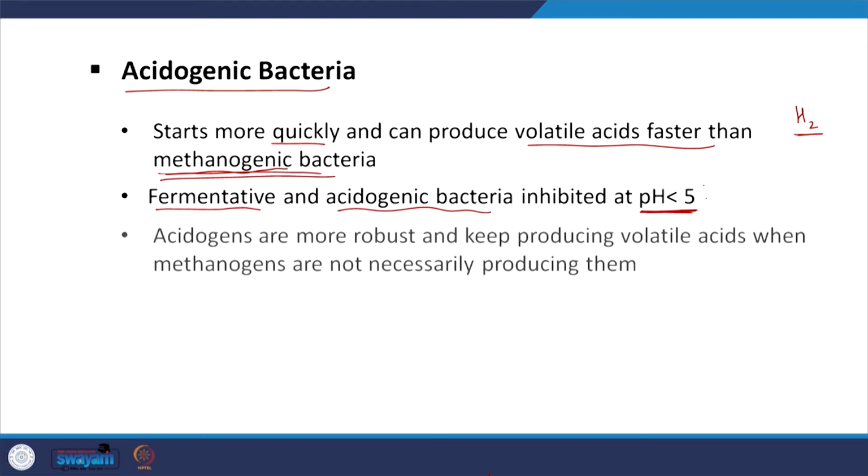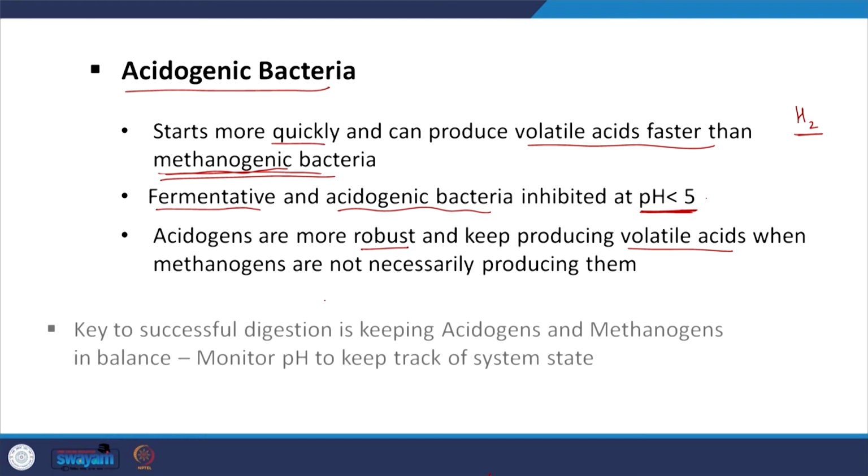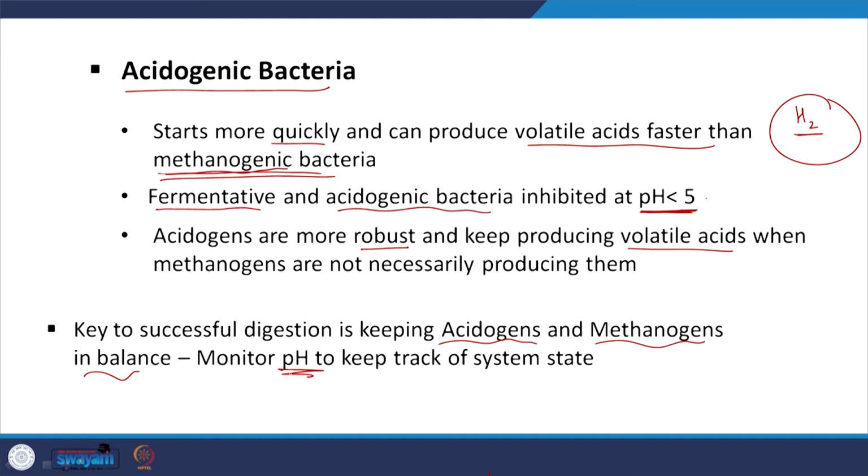As can be seen, they are robust and they can keep producing volatile fatty acids even when methanogens are not really thriving, let us say. But the key to successful digestion, as I mentioned, is keeping acidogens and methanogens in balance. So, you will have to monitor the pH to keep track of the system, right.